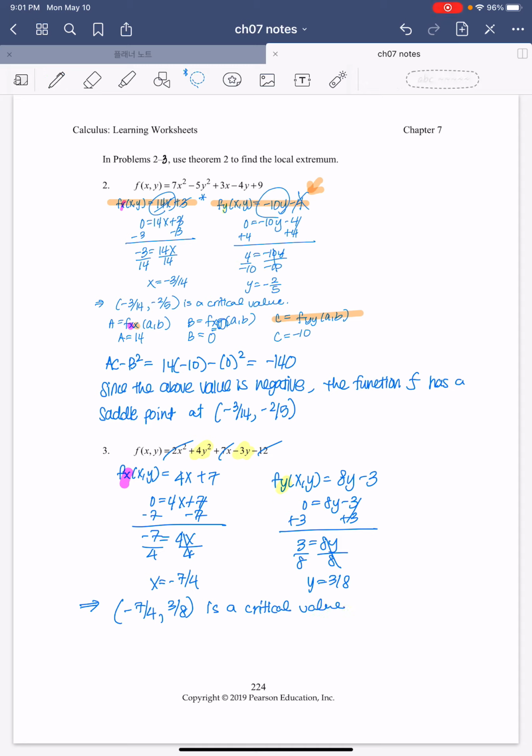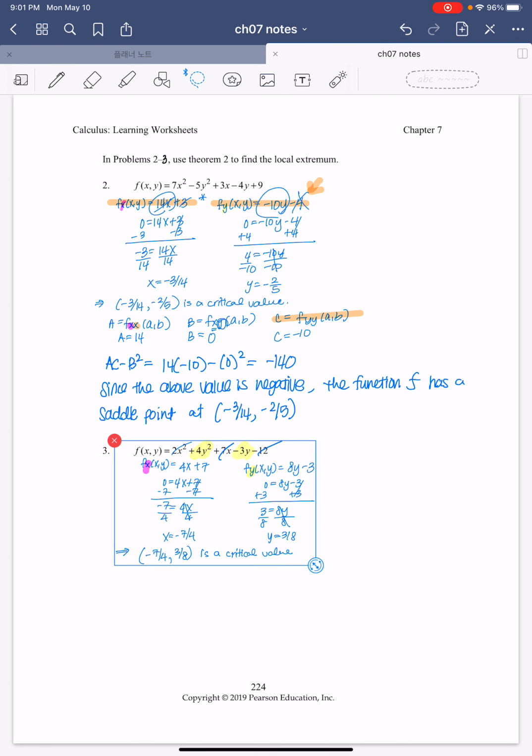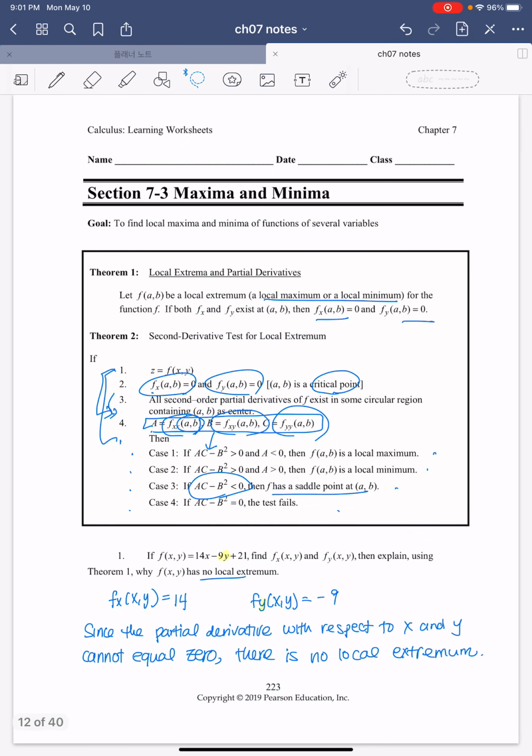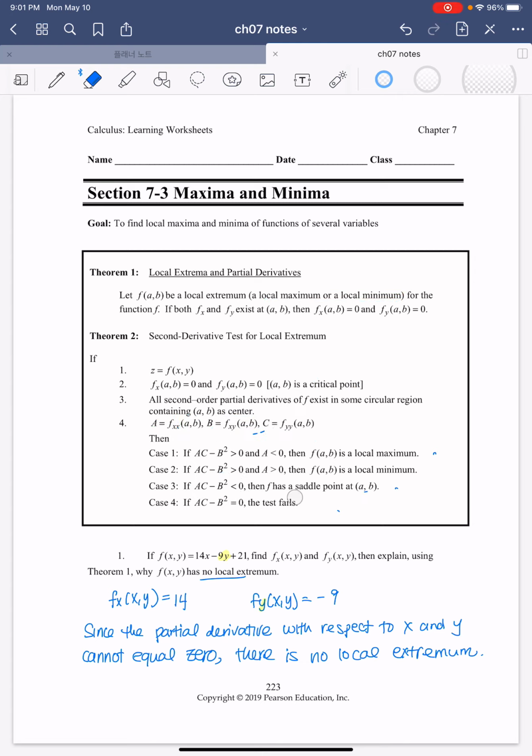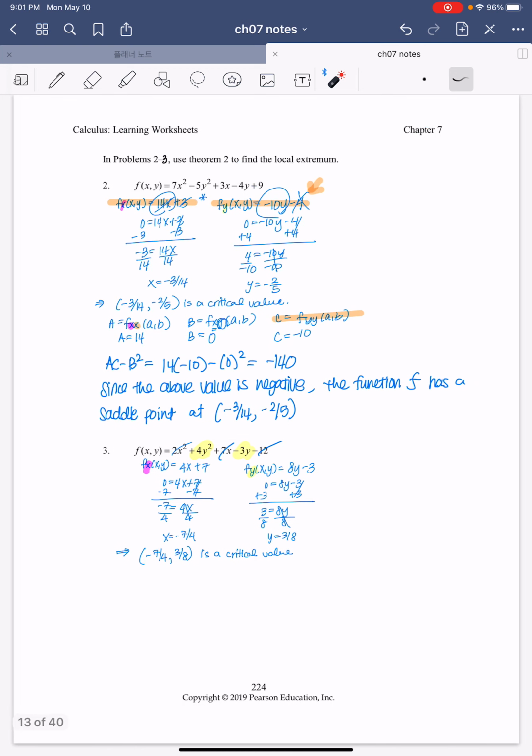Okay. And let me also resize this one here. So now let's continue. Right over here, we'll take the second order partial derivative to solve for a, b, and c, and then test the value.